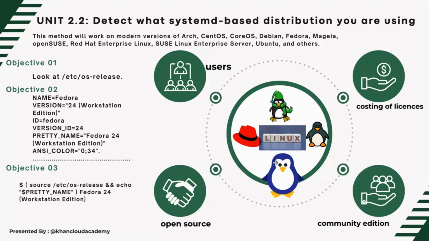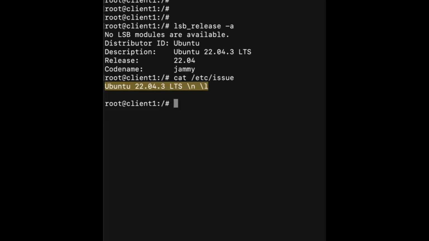The focus is mostly on users who care about the cost of licenses, which matters mainly in Red Hat environments from what I know, and most of the others are open source. Linux is very good if you're going to use open source and community editions. So let's try some commands to check.